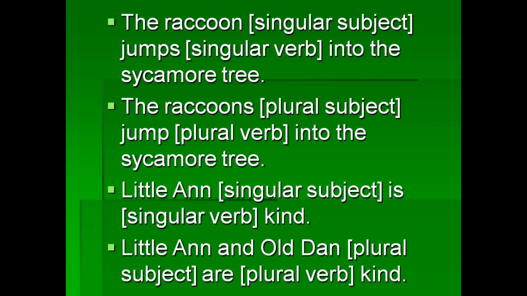Now, you realize that in the examples we have learned about, Little Ann is a singular subject. Little Ann is kind. Little Ann and Old Dan are two subjects, so they are, not is.